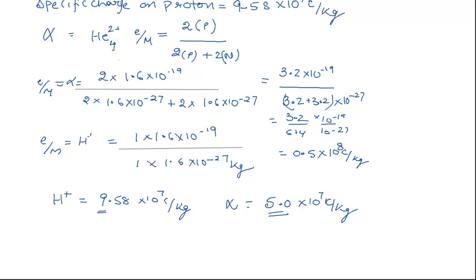It is approximately half. If you calculate it, you can round it and make it 10, right? So the specific charge in alpha particle is approximately half of the specific charge on proton. Getting my point? This is a very important question.